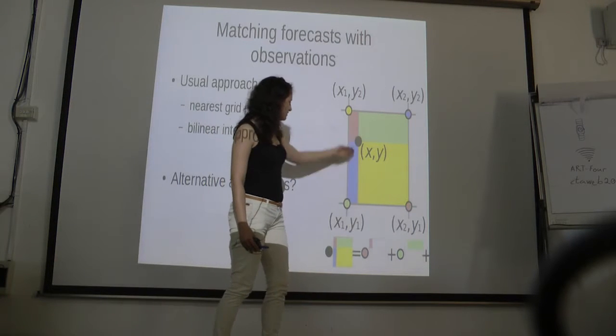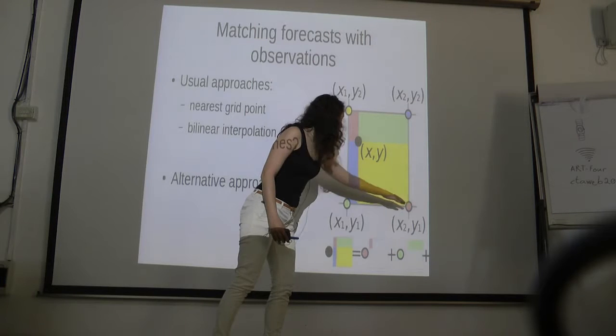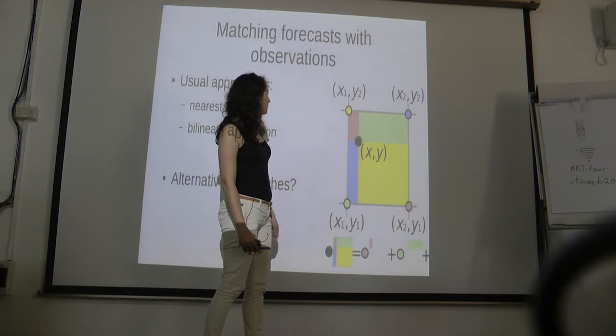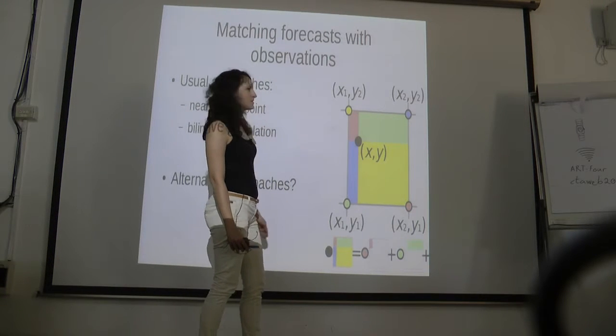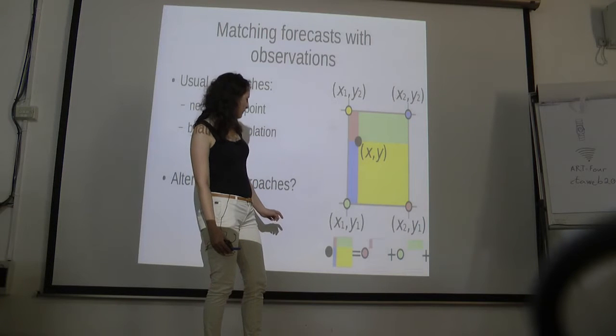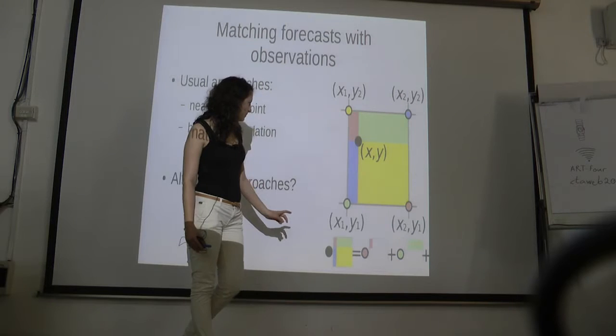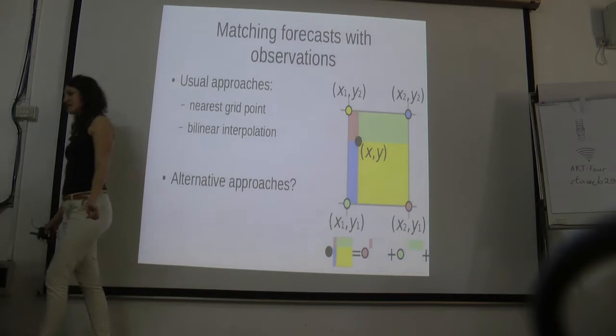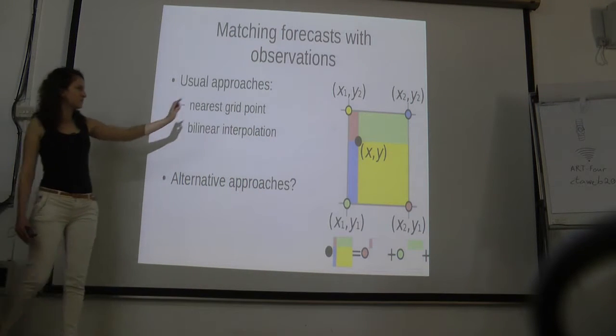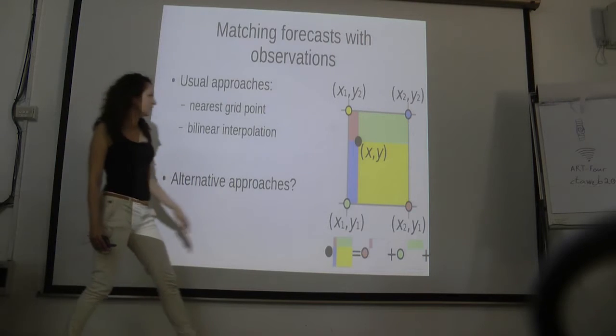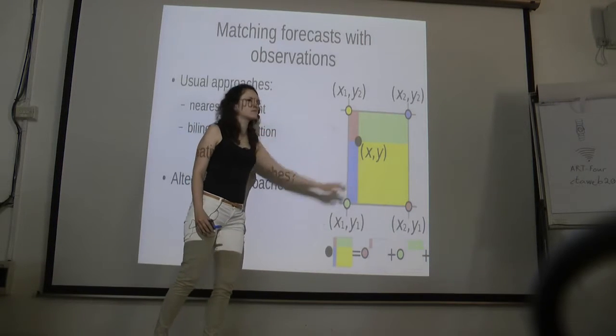So this dimension times this, and the resulting equation is just the sum of a value for a point times its weight.